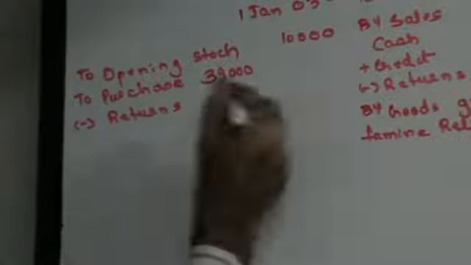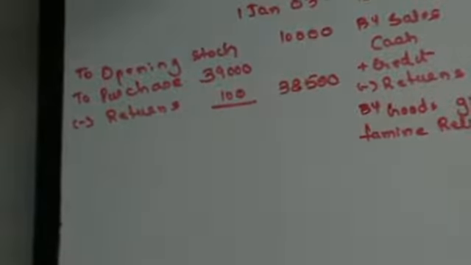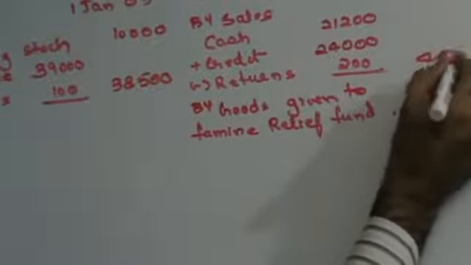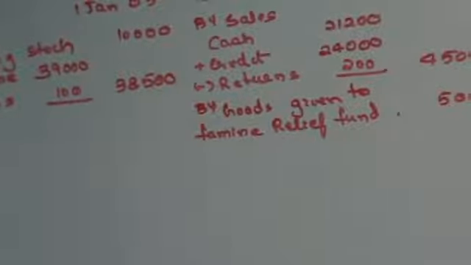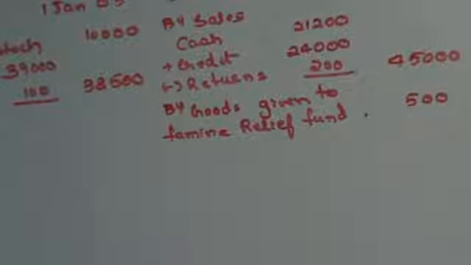Fine, do we get this in clear? So in that case, this will now become 38,500, and 21,200 plus 24,000 is 45,200 minus 200 will give you 45,000.